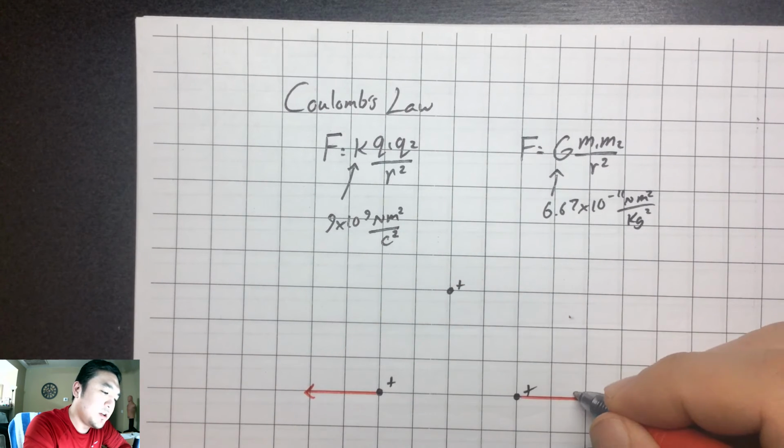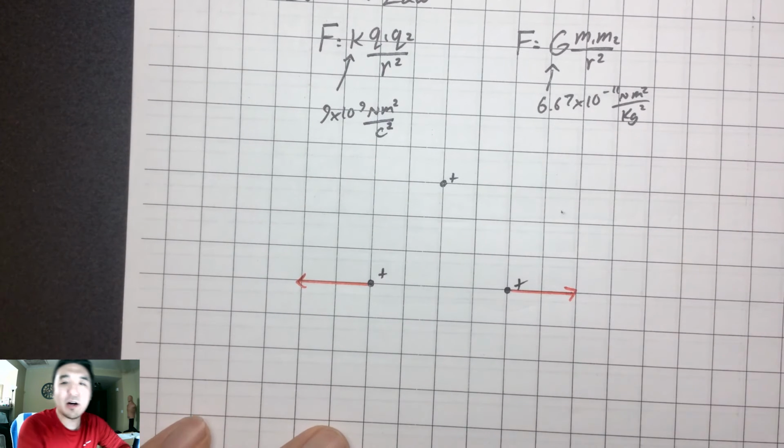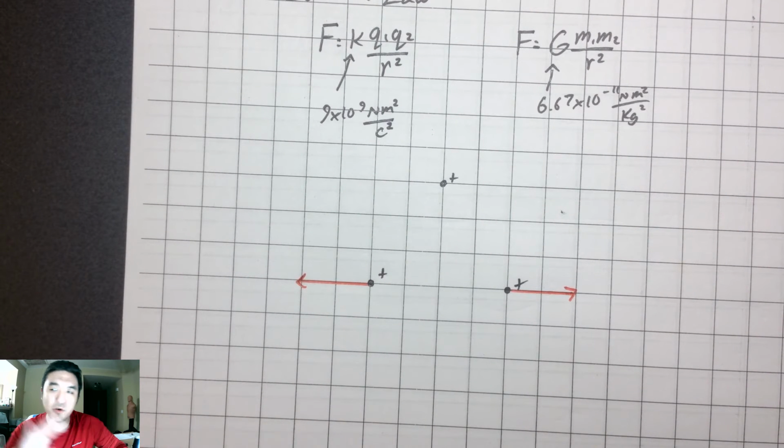And so by Newton's third law, these two forces would be equal and opposite. The one on the left is pushing the one on the right away, the one on the right is pushing the one on the left away, and those two forces are equal and opposite, Newton's third law paired-up forces.